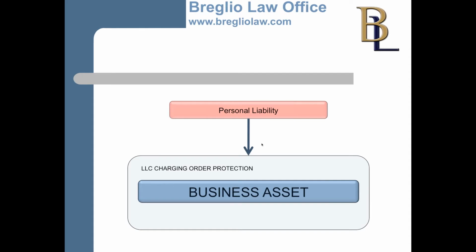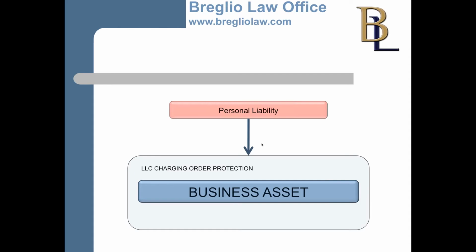So the question becomes, can the court come in and force you to sell off these business assets to satisfy the judgment against you? Well, the answer is yes and no. And it depends on how many people are involved in the business.